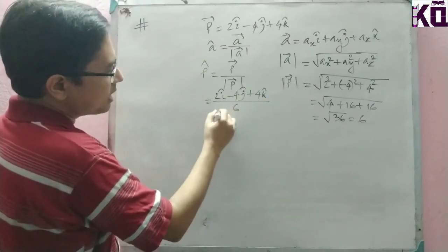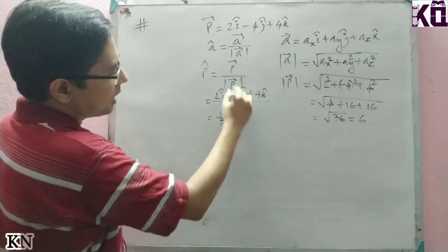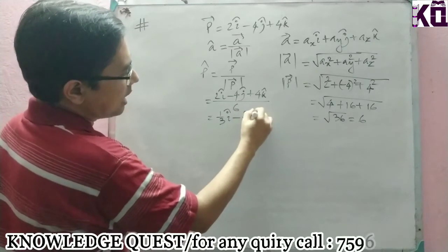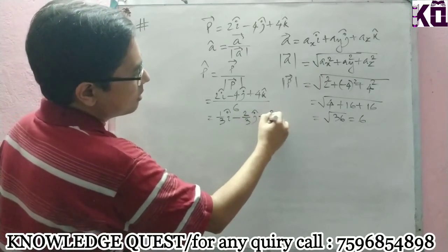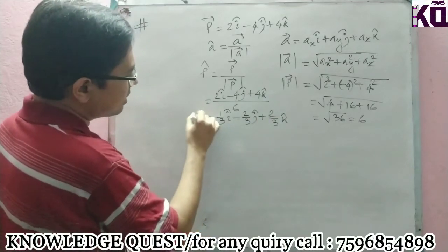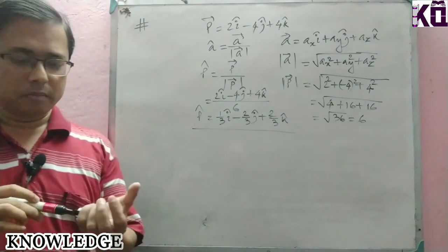So 2 by 6 i means 1/3 i hat, minus 4 by 6 means 2 by 3 j hat, and plus 2 by 3 k hat. Basically, this is the unit vector in the direction of the P vector.